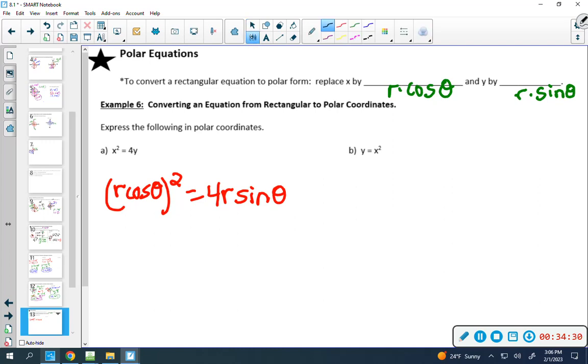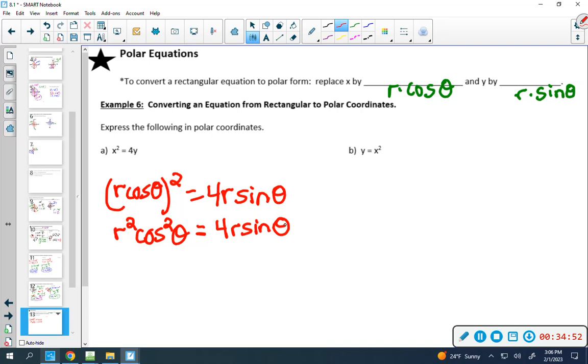So we're going to have r squared, of course, cos squared, and then the right side's just the right side. First we wanna know what r equals, that's what we're all about here, because our ordered pairs are r comma theta.